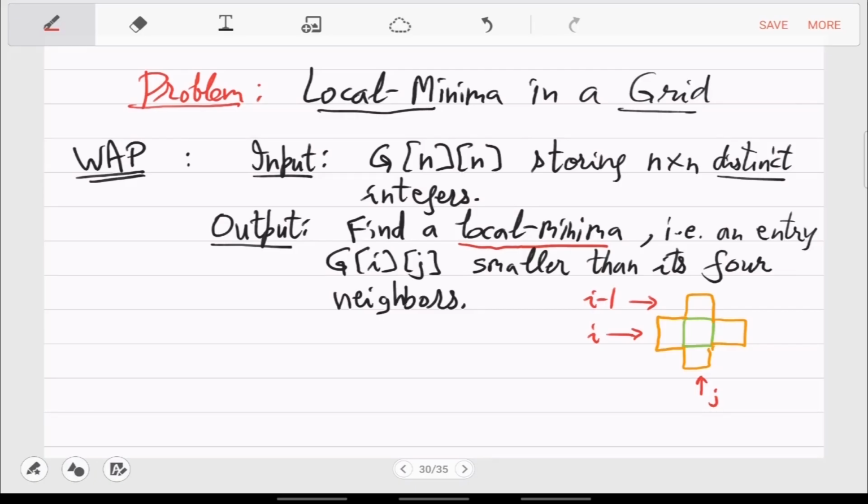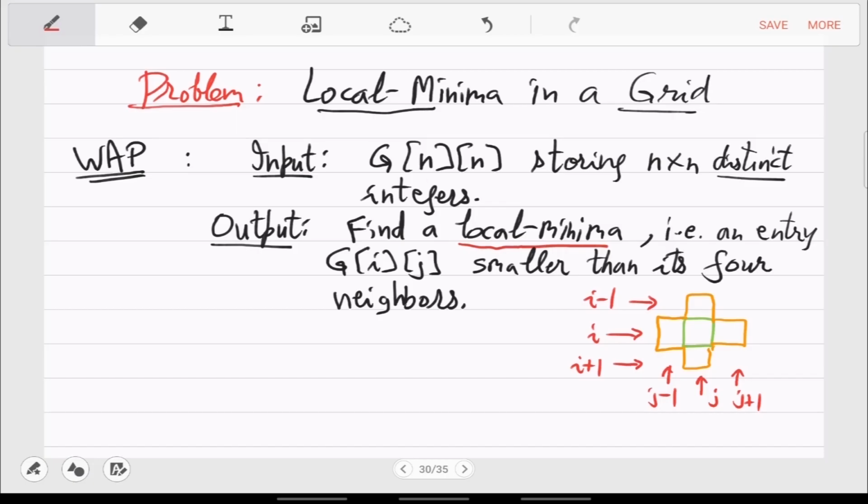Are we not considering the corner elements? Corner elements, yeah, whatever is available. So this is the general thing. But if the green cell is at the corner, for example the top left corner, then how many neighbors are available? Just 50%, right? So then it has only the j plus 1 orange and the i plus 1 orange.